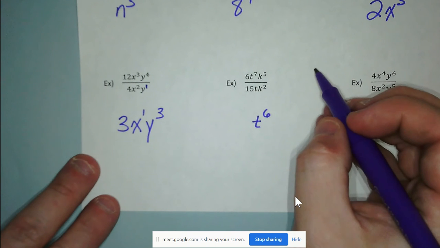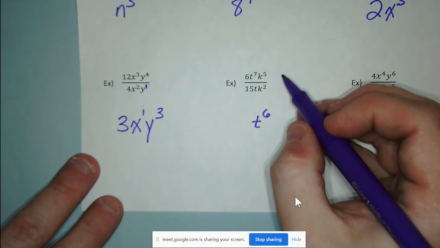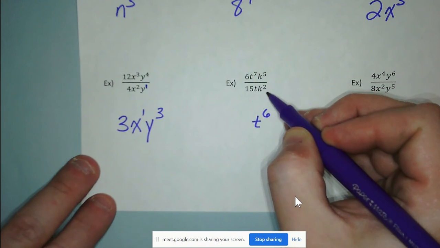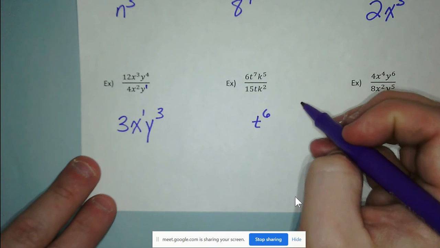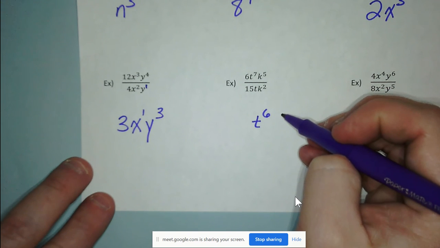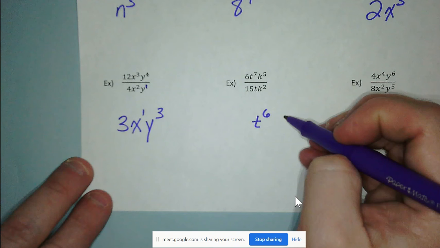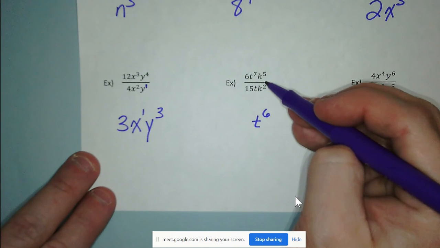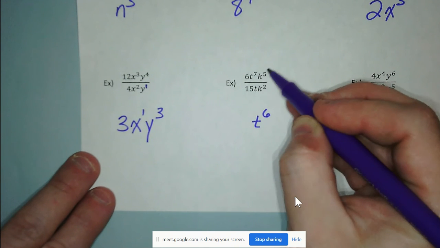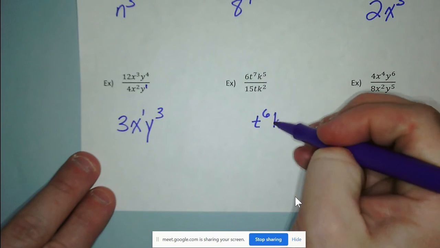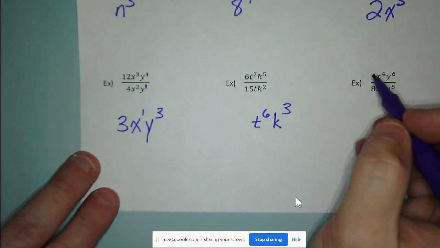Jonathan, do you know k to the 5th over k to the 2nd? I'm not sure. Well, again, this is where you would just subtract the powers. So k to this power over k to this other power, the shortcut is you can just subtract the powers.